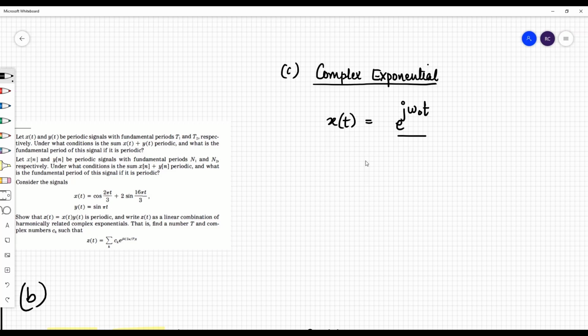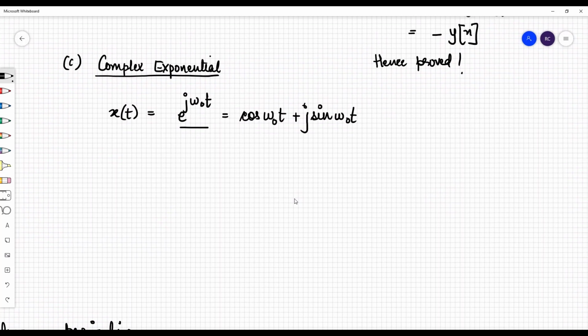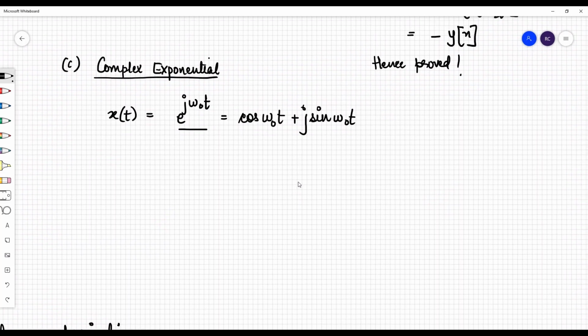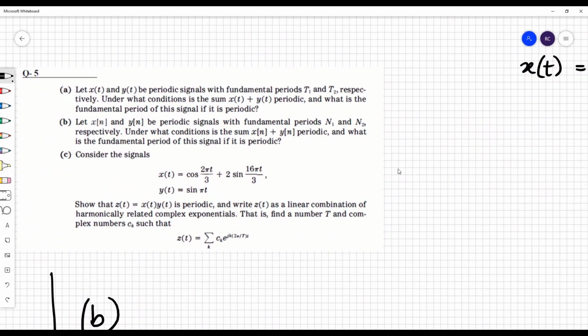A phasor is a rotating vector, and by Euler's relationship, you could have written that this is cos of omega naught t plus j sine omega naught t. Now, you will study this in a little more detail when you study Fourier series representation. But I understand that this question is basically trying to lay the groundwork for you to understand Fourier series. Okay? So let us start in a very simple way.